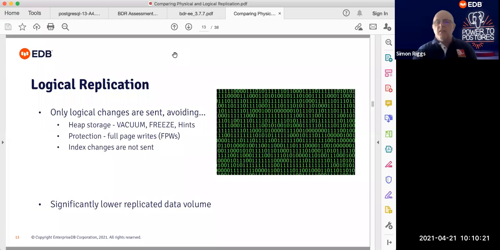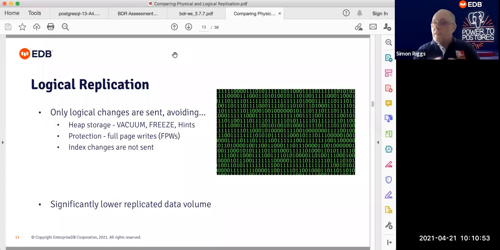Logical replication itself means that we only send the actual logical changes. That means the data that we would put if we drew a data model of the database. So all of these other ones and zeros, I've kind of tried to sum that up with that little picture there. So things like when we vacuum a table, when we freeze rows, when we set hints, are all avoided when we do logical replication.